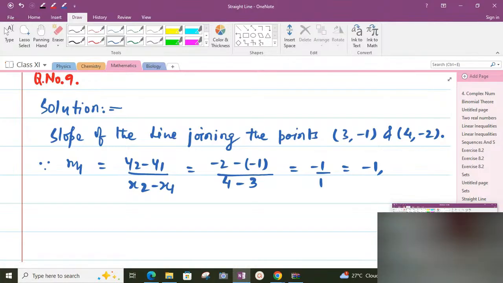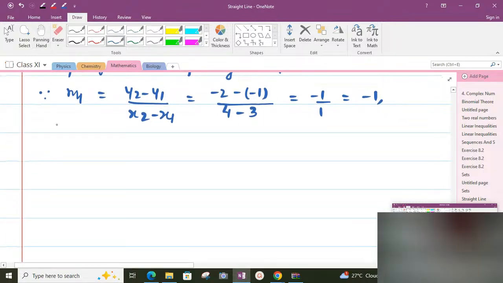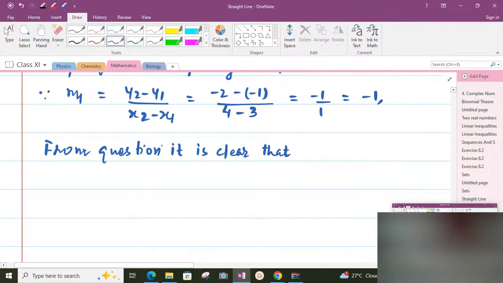Now the inclination theta of the line joining the points 3, -1 and 4, -2 is given by: from the question it is clear that the value of m1 is given here, so tan theta equals -1.